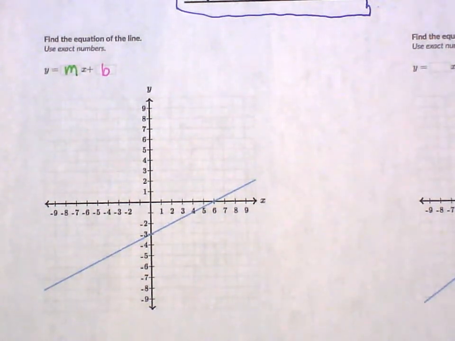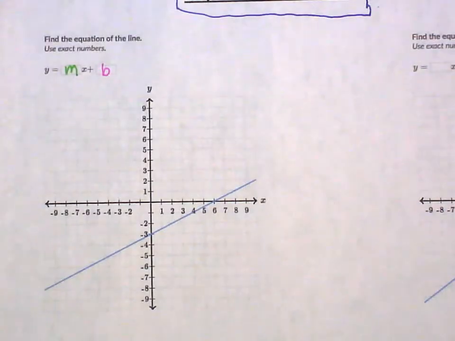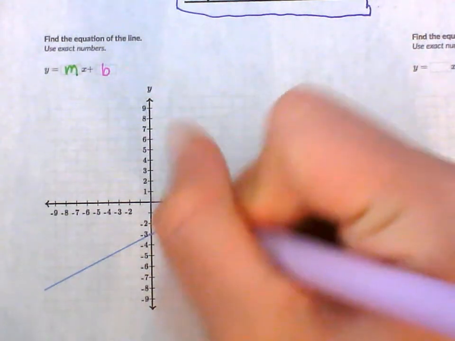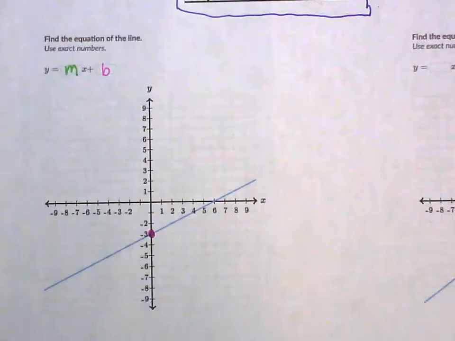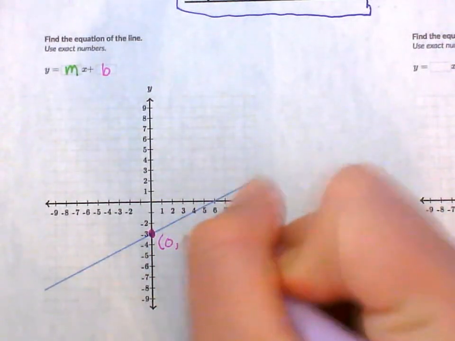When you're writing the equation, we start with b. We start with the y-intercept. So what's the y-intercept? Where does the line cross the y-axis? Right there at (0, -3).